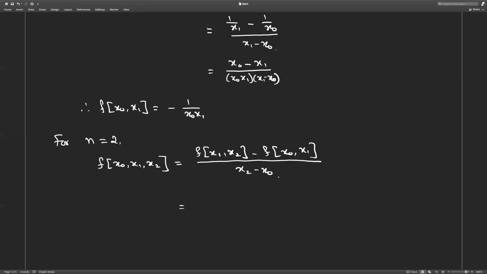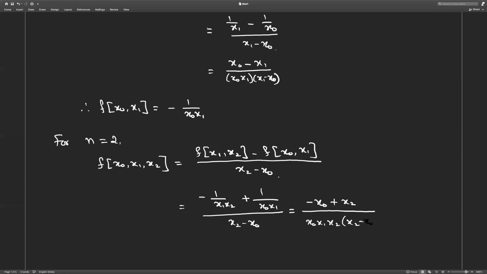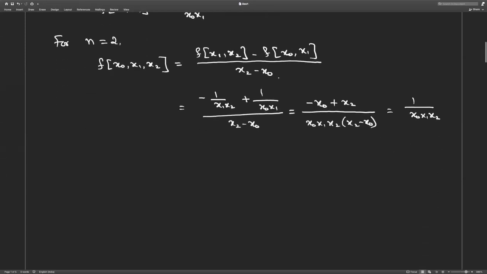But we know what is f of x1 comma x2, that is minus 1 by x1 x2, minus of minus, therefore it's plus 1 by x0 x1, divided by x2 minus x0, and that can be written as minus x0 plus x2 divided by x0 x1 x2 into x2 minus x0, and that is equal to 1 by x0 x1 x2. From here we can guess the general form.